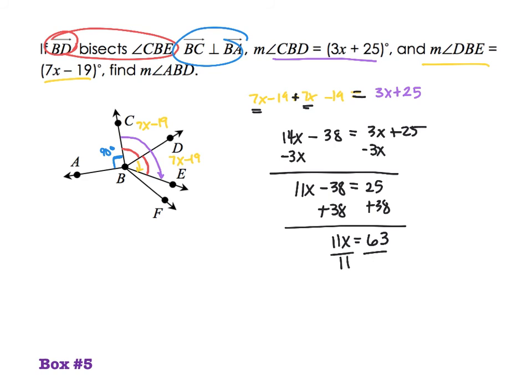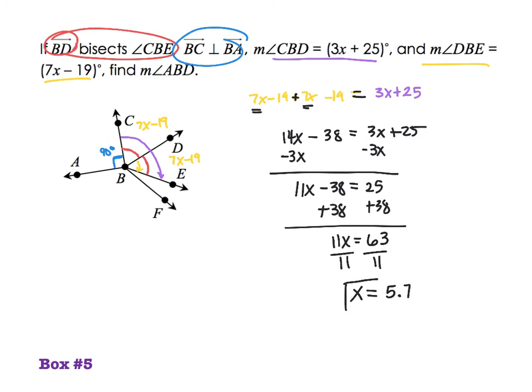Divide both sides by 11, and I get x is equal to 63 divided by 11, and I'm just going to round it to 5.7. That's what x equals.